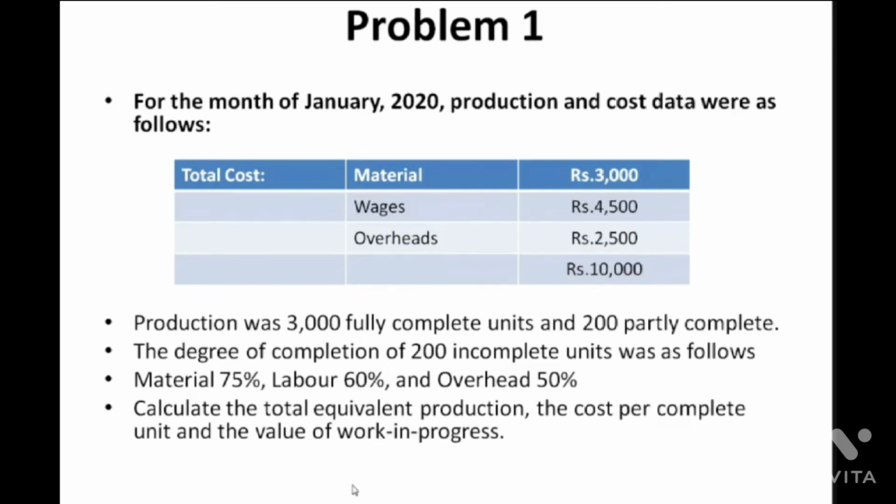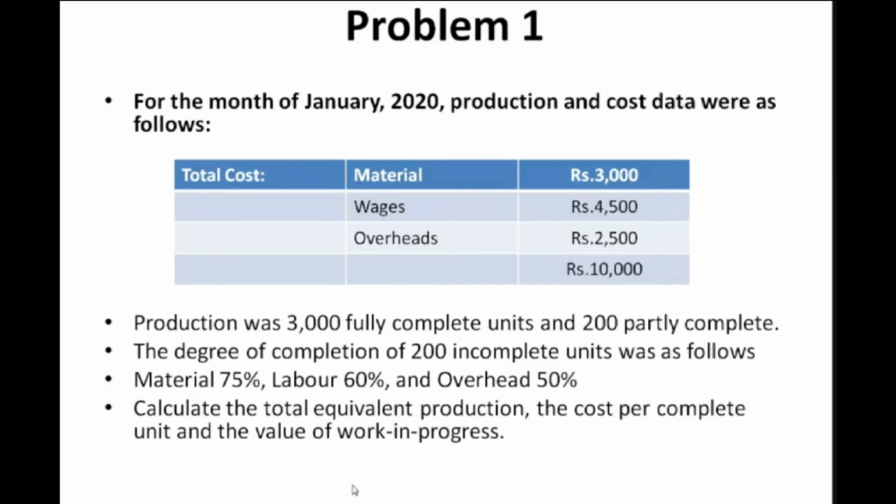The degree of completion of the 200 incomplete units was as follows: material 75%, labor 60% and overhead 50%. Calculate the cost equivalent production, cost per completed unit and value of work in progress. We will also calculate the value of finished goods. So let's see how we solve this example.